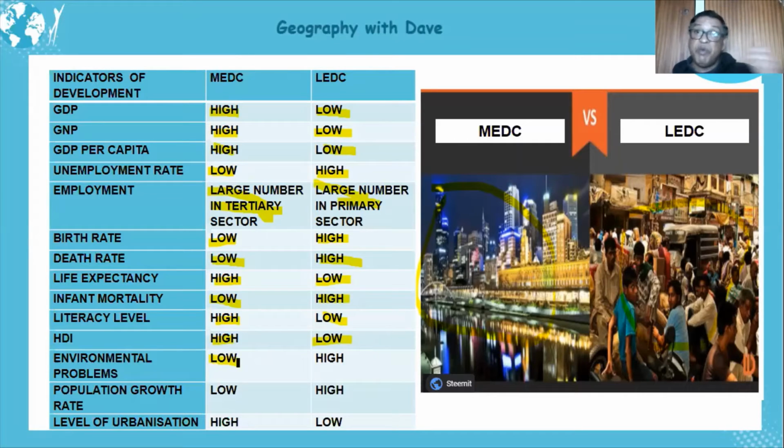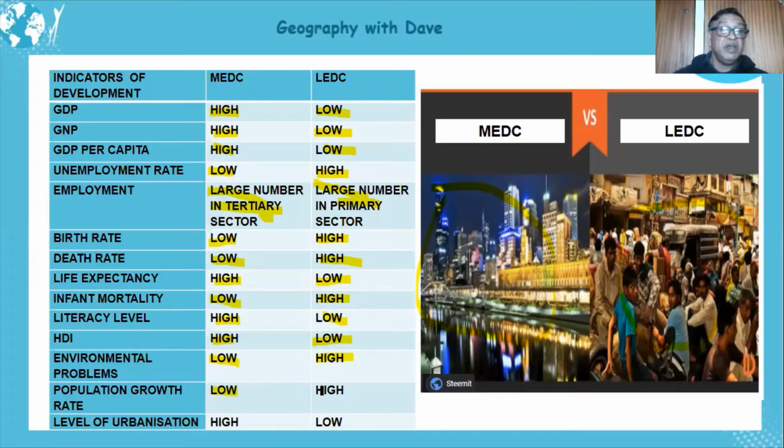Environmental problems: they have more money to deal with them. Not that they don't cause environmental problems; due to economic acceleration they also create problems. But it's higher in the LEDCs because certain procedures and laws are relaxed in terms of pollution, in order to encourage investment. Sometimes they overlook so many things. So environmental and pollution problems are high in the LEDCs.